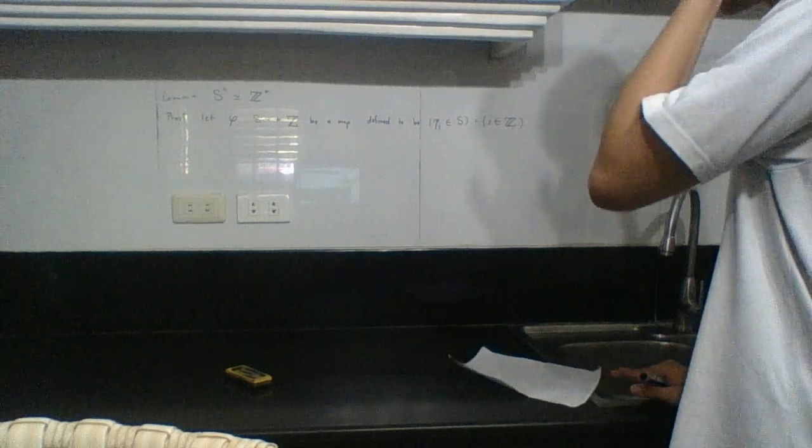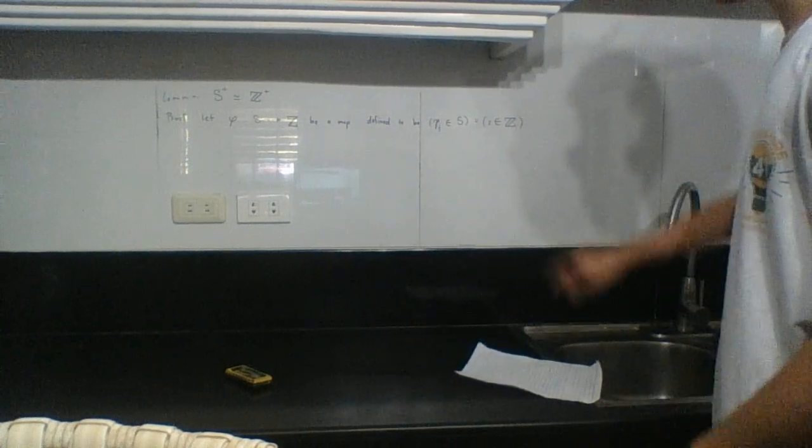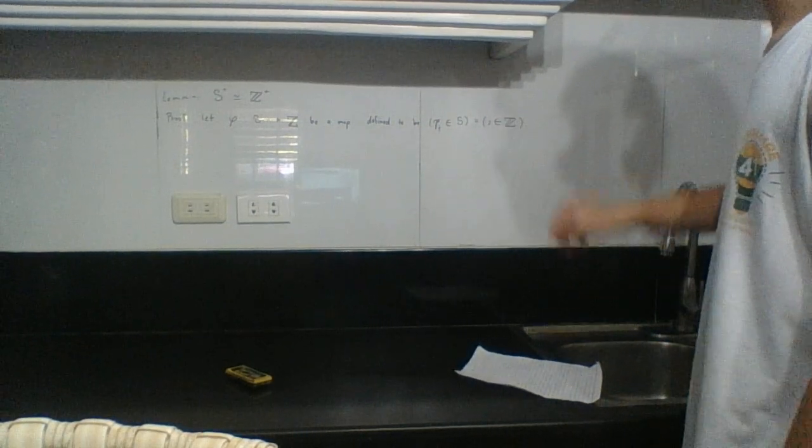So that's our map there. The image of p sub i is i.